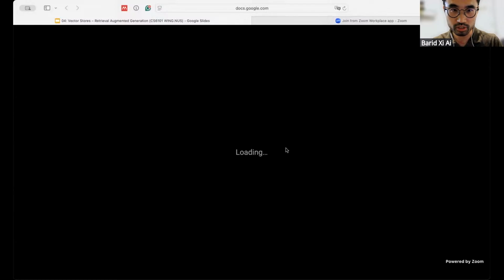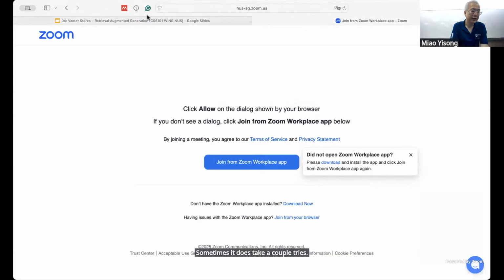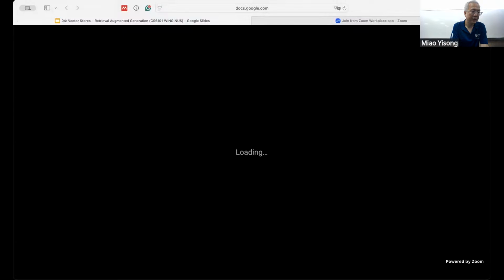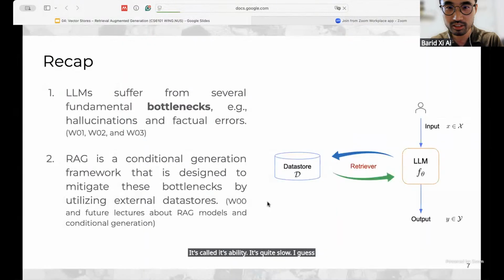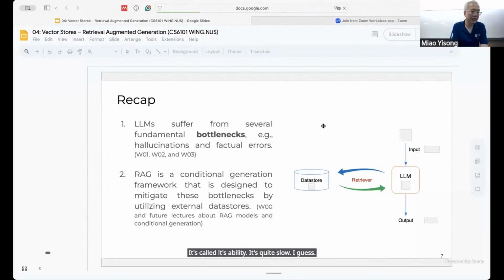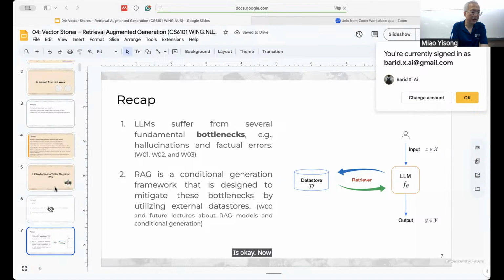Is that okay now? Not yet. Okay, loading. Sometimes it does take a couple tries. Oh, our slides. We have so many slides. I guess it's quite slow. Yeah. Is it okay now? You just saw something.